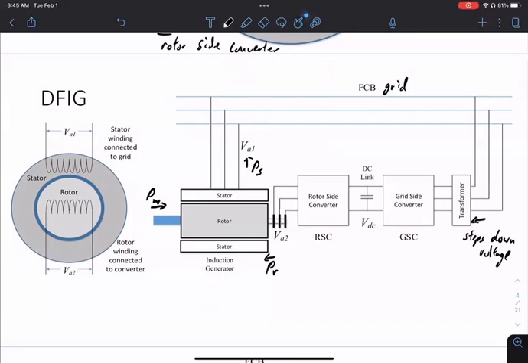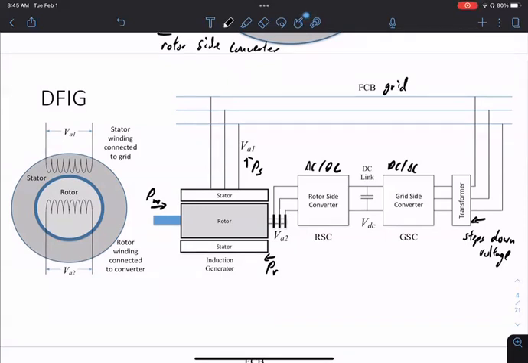So what is the benefit of this sort of AC to DC, DC to AC again? What does this converter do? If you see this kind of setup, what are we trying to do? Change the phase.